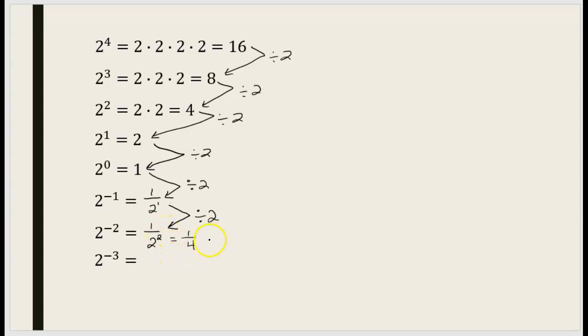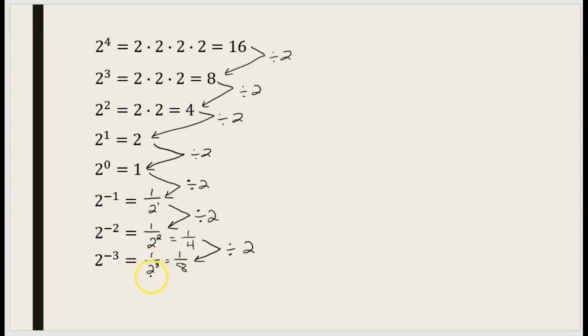All right, so now if I take that 1/4 and I divide that by 2, I am going to end up with 1 over 2 to the third power. Again, using our apple example, think about taking the 1/4 of an apple and dividing it into 2 pieces. I actually end up with 1/8 of an apple, which is the same thing as 1 over 2 to the third power.